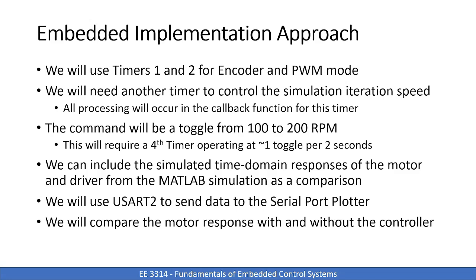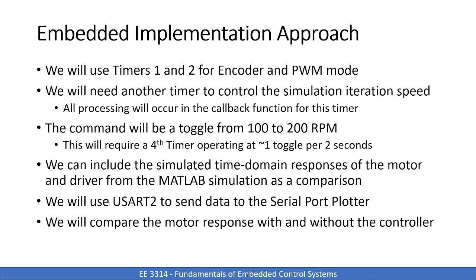So I picked 100 and 200 RPMs just as an example. You can use whatever you want for that. So we'll need a 4th timer, basically operating at around 1 toggle every 2 seconds or so. So 4 timers overall that we'll need to implement for this.